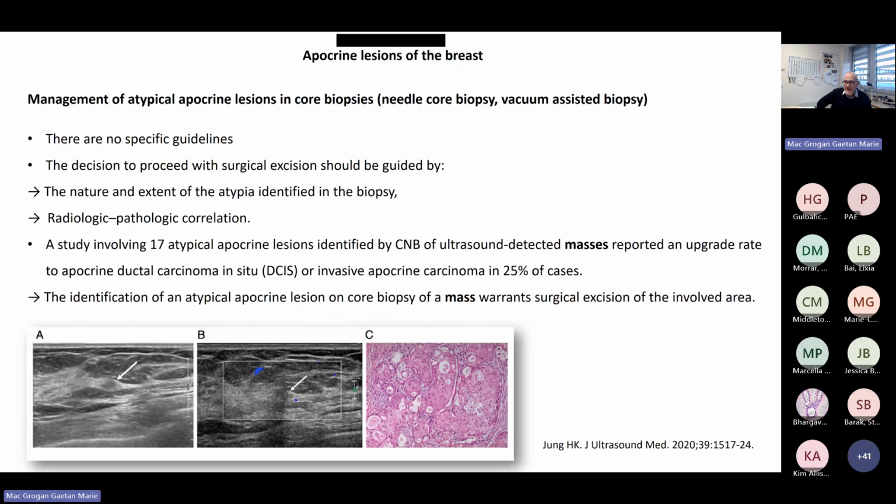In this study, they reported an upgrade rate to apocrine ductal carcinoma in situ or invasive apocrine carcinoma in 25% of cases. So the take-home message here would be that the identification of an atypical apocrine lesion on a core biopsy of a mass, and I insist on the term mass, warrants a surgical excision of the involved area.